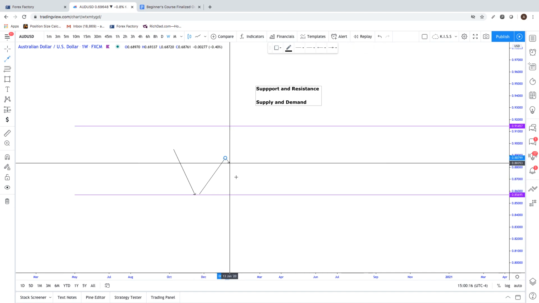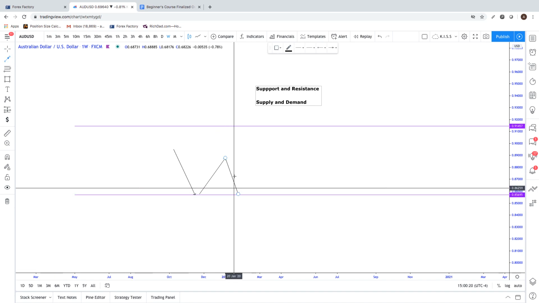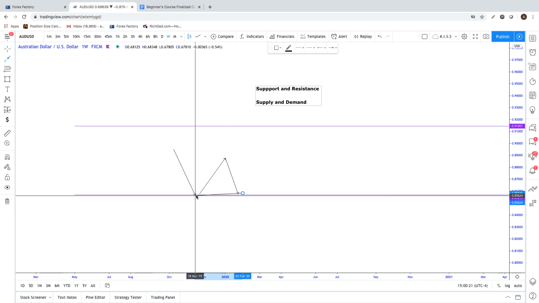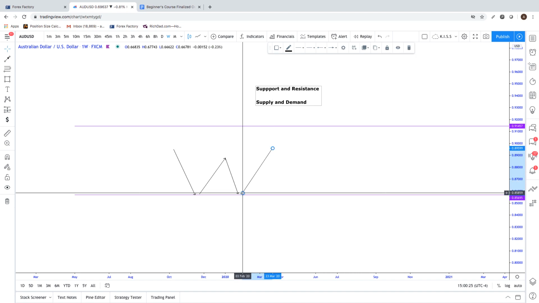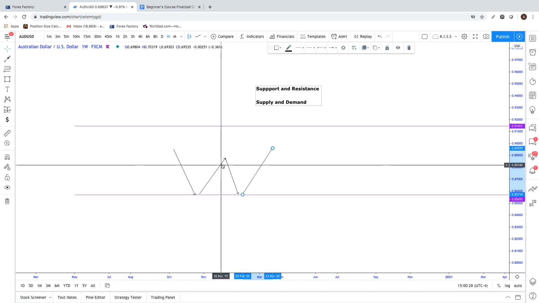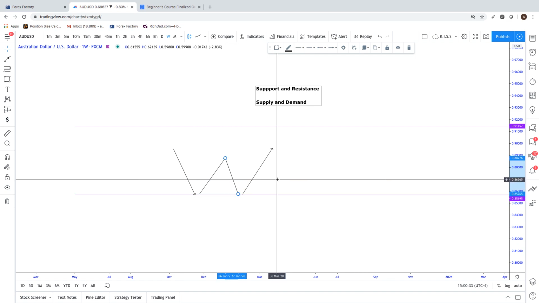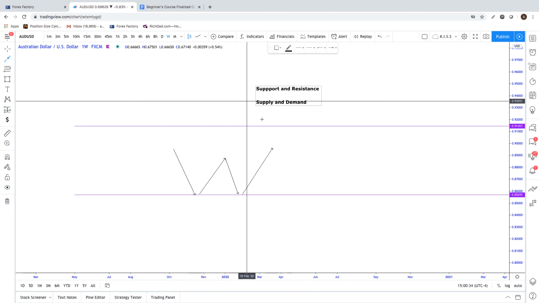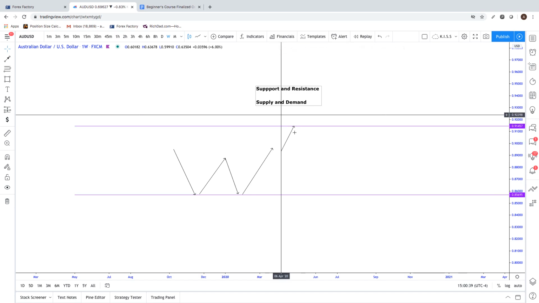We might come back down to the level, and because people see that there were buyers at this level in the past, people buy again. And so there's demand for the instrument at this particular level. The same thing goes for resistance.